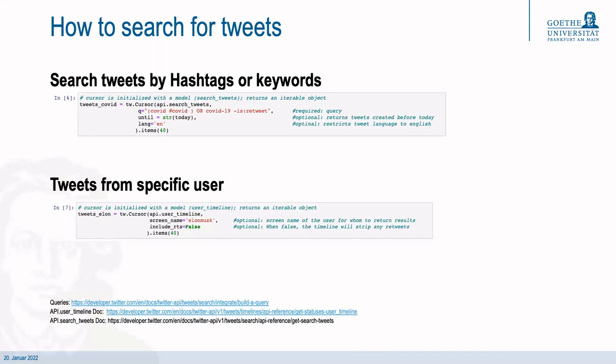We can also set include_rts equal to false, which means that it will strip any retweets. There's also another optional parameter called exclude_replies, and this will prevent replies from appearing in the returned timeline. Again, we use the cursor and restrict the total tweets received to 40.